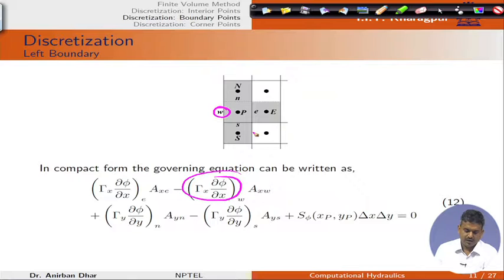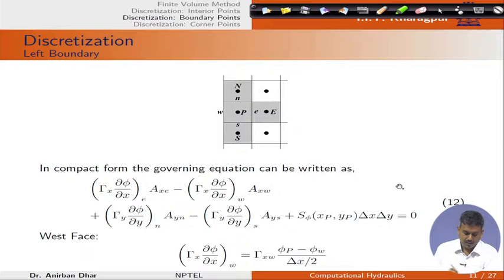So, we can use our usual derivatives like our interior points. Now, for west phase we have half distance available. So, this is phi p minus phi w divided by del x by 2.